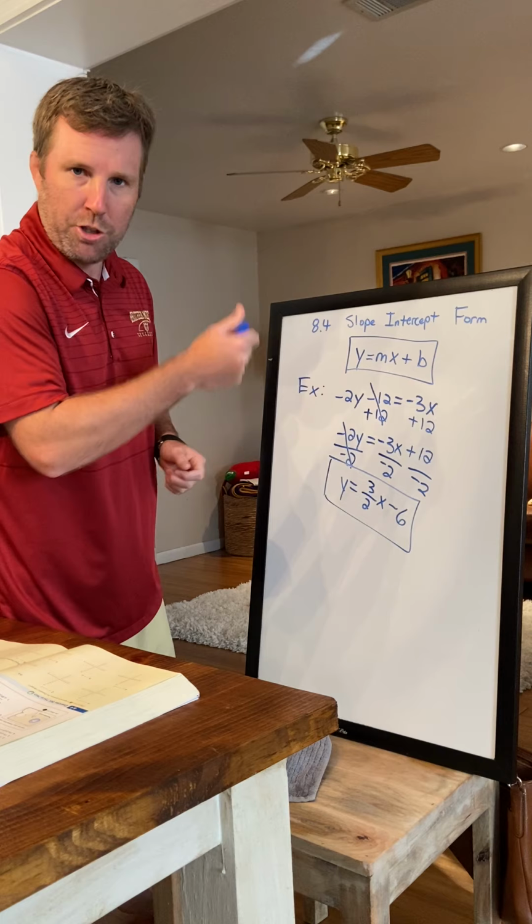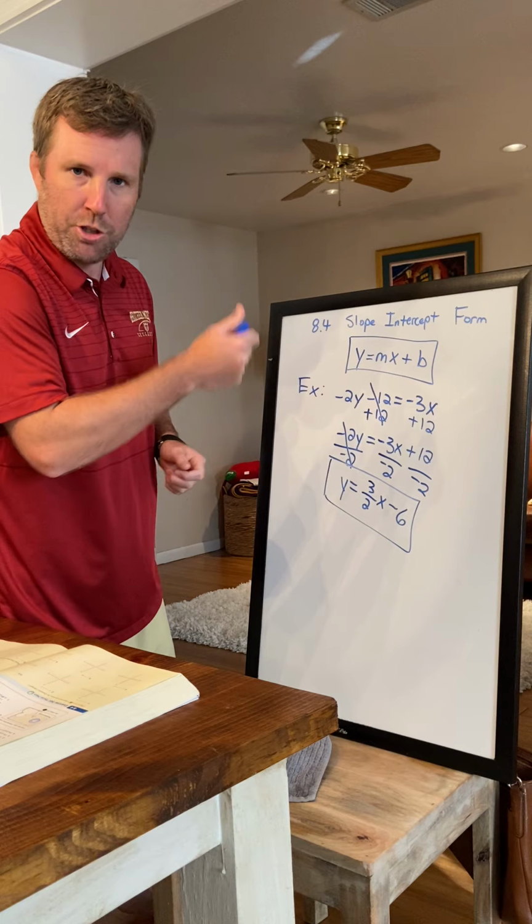So if I give you an equation, like 2x minus 4y equals 8, okay? That's a linear equation because it contains an x and a y.